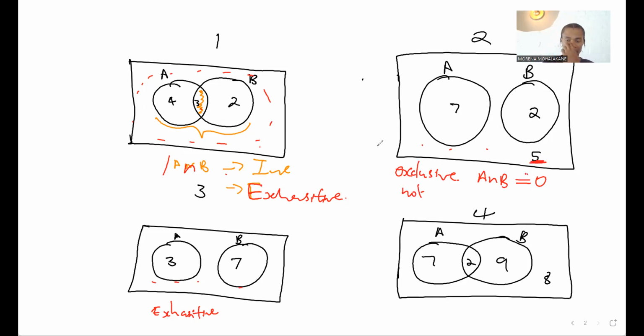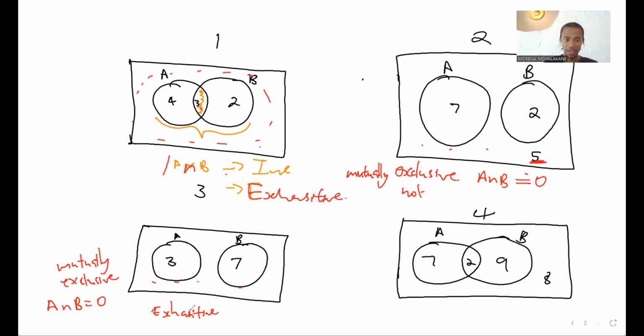We're good. And then these ones we say mutually exclusive, no intersection, right? Here also mutually exclusive. They are mutually exclusive because there's no intersection. A and B is equal to 0.